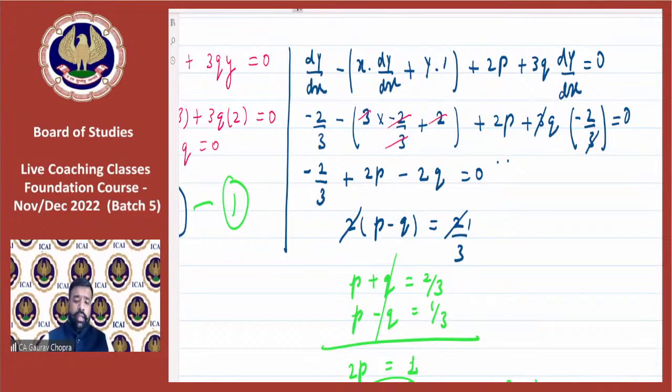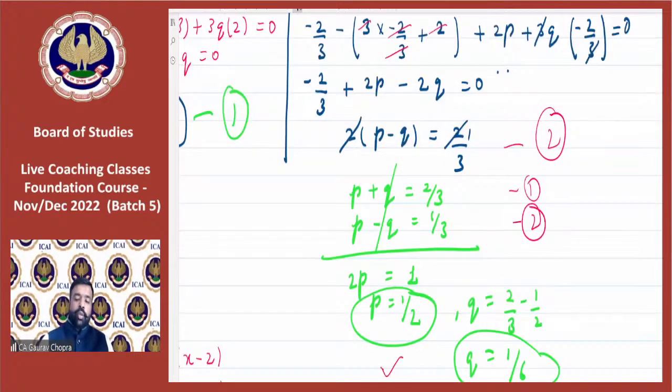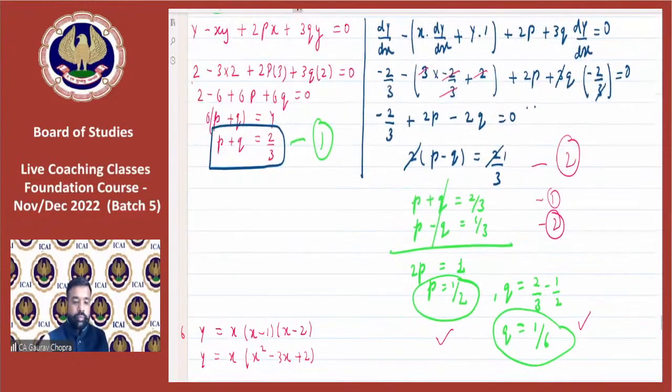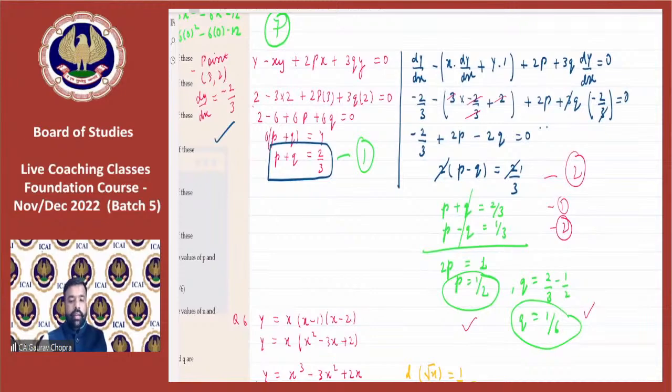After inputting, we again get the second equation, and we have solved the first and second equation. After adding, we got the result as P half and Q as 1 by 6. Okay. So this was question number 7.